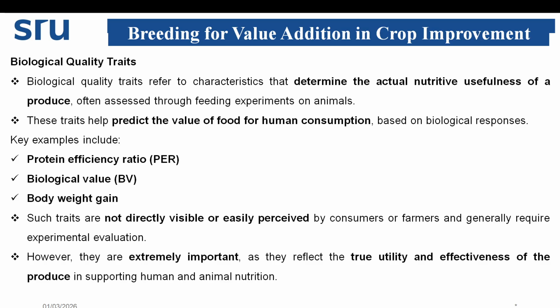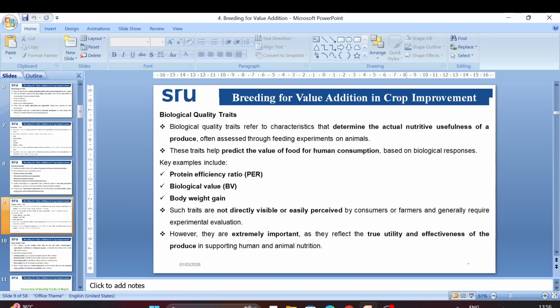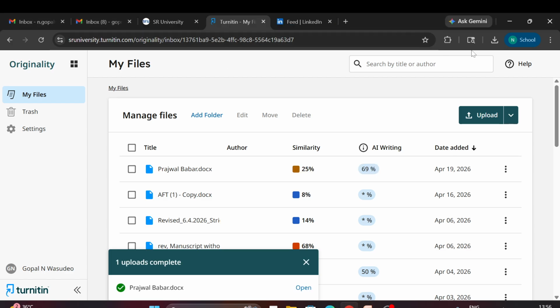So these traits help assess the value of food for human consumption based on biological responses. So key examples include protein efficiency ratio, biological value and body weight gain. So such traits are not directly visible or easily perceived by consumers or farmers and generally require experimental evaluation. Right?